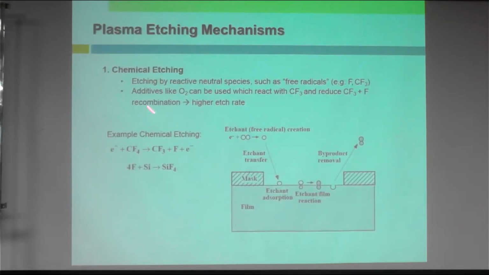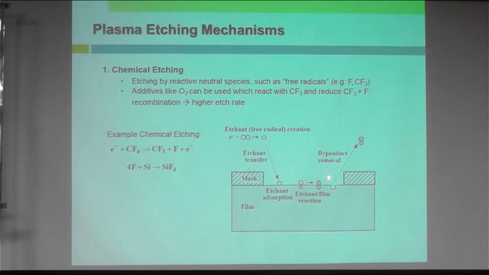Okay, here you can see the chemical etching process. You have your etchant, with free radical creation. You bombard the etchant here, it is absorbed at the surface, and then it removes the material. This is the mask, which must have a different selectivity, and this is the film or substrate that you want to remove.